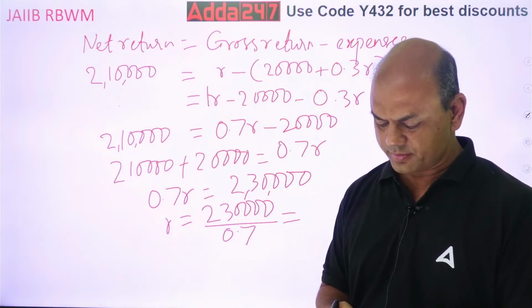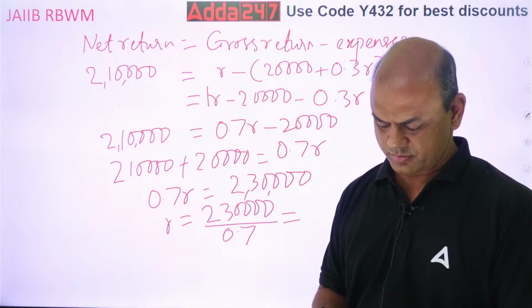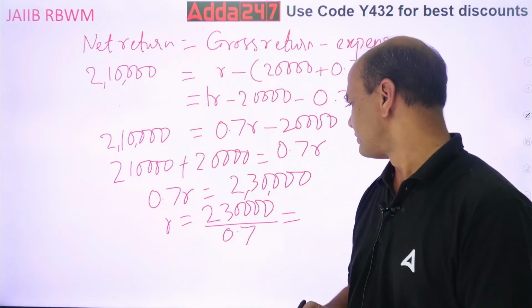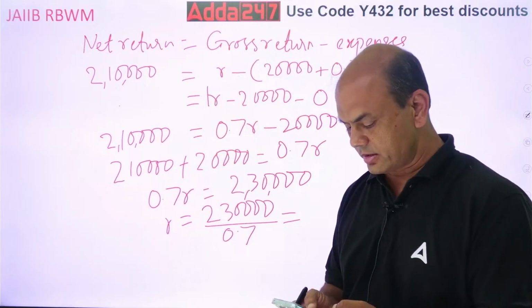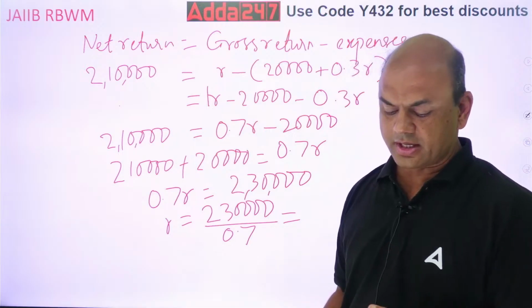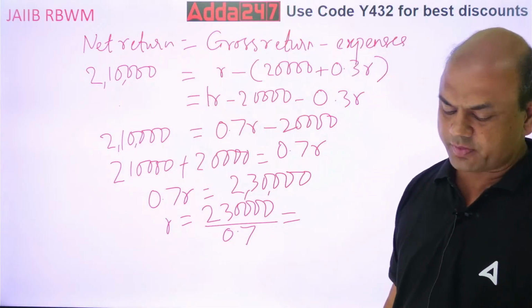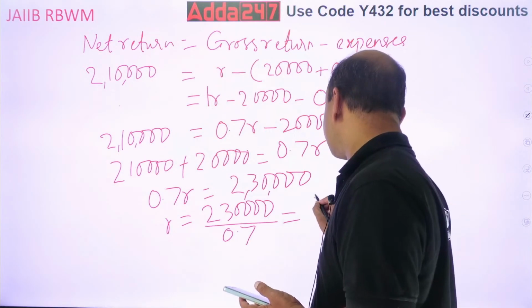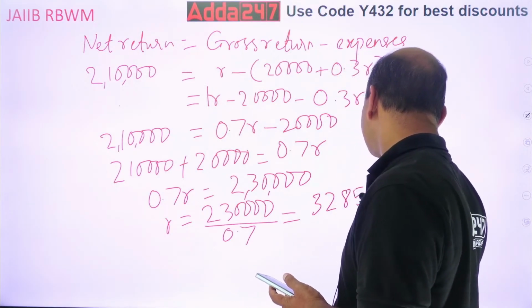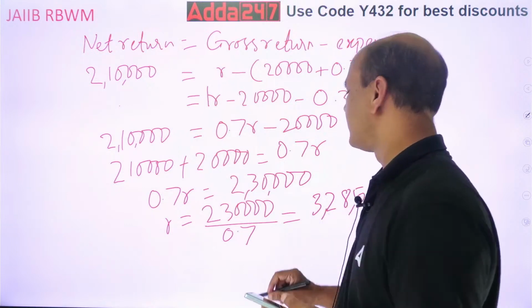Solve it everyone. 2,30,000 divided by 0.7, so you get 328,571. This is your annual rent.